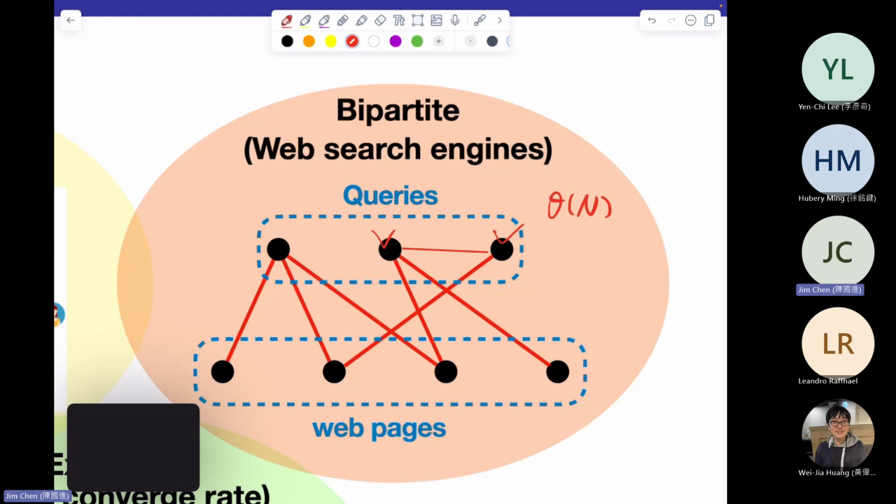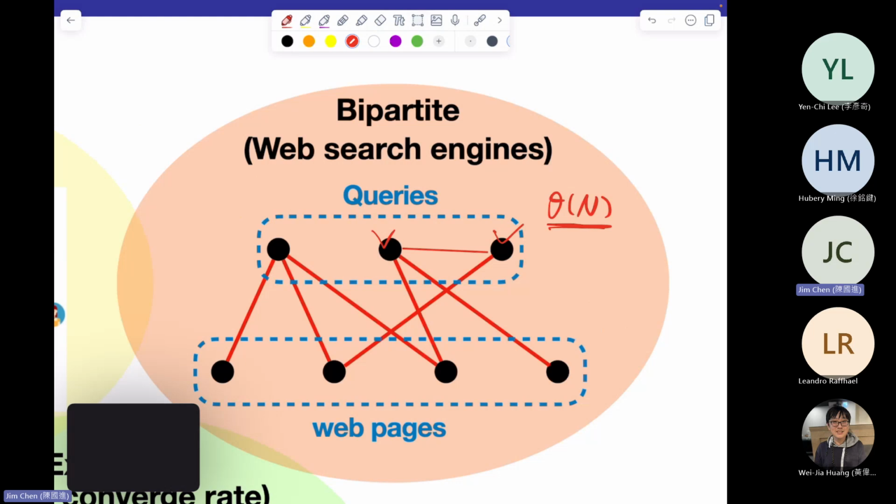So the question is whether we can use fewer queries to verify whether the graph is bipartite or not in an approximate manner.